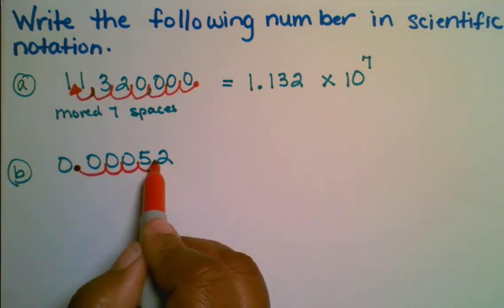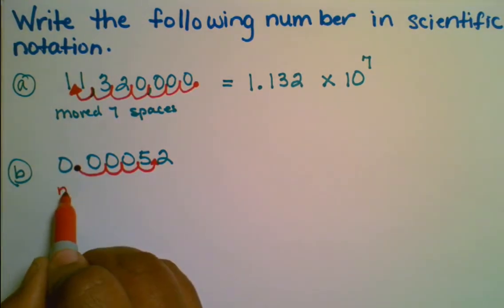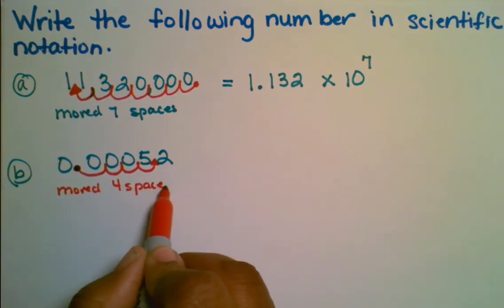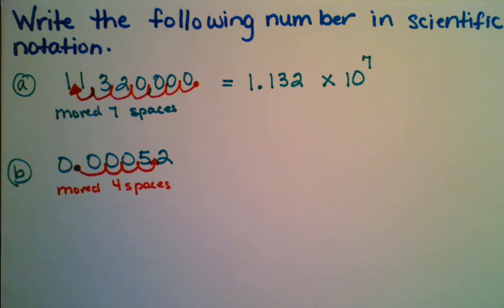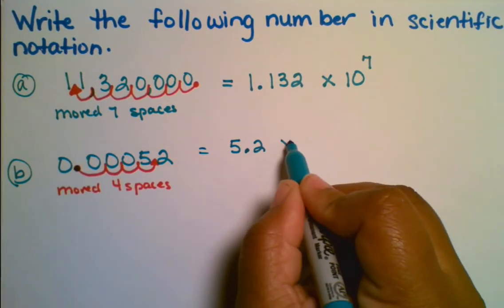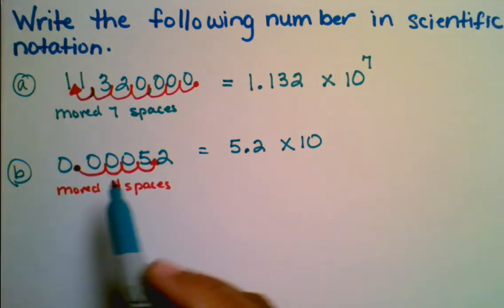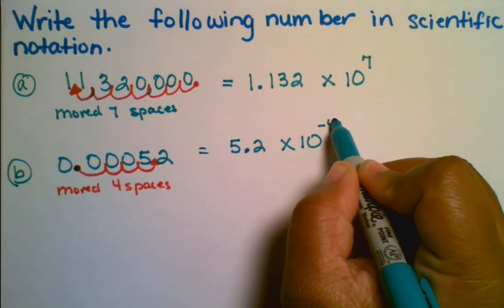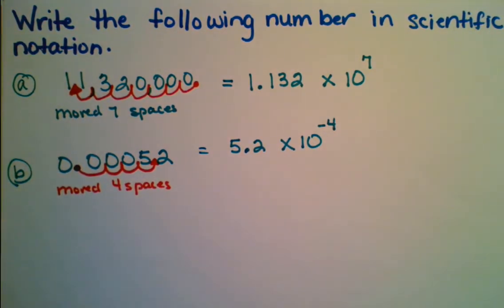So we have to move over one more space. We moved 4 spaces. So we have 5.2 times 10 to the, because the original number is small, our exponent will be negative. So our solution is 5.2 times 10 to the negative 4 power.